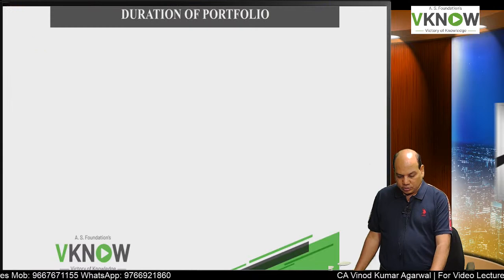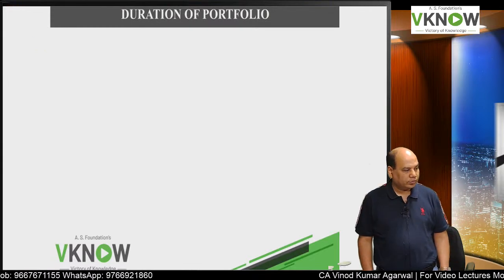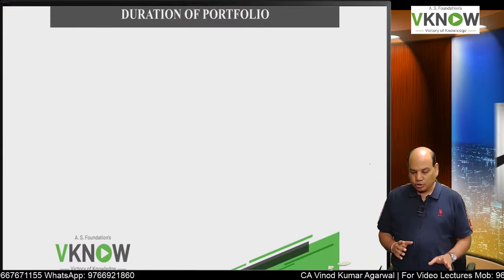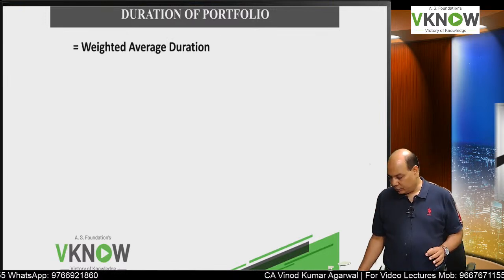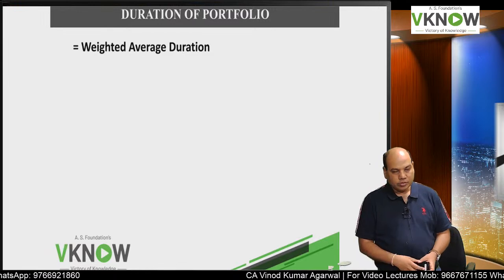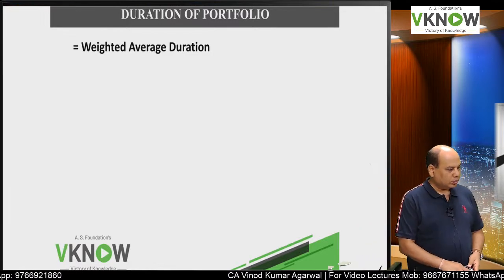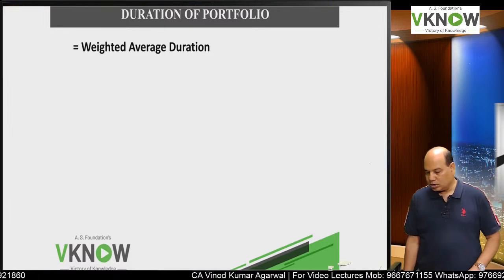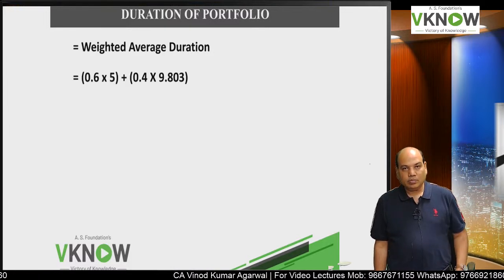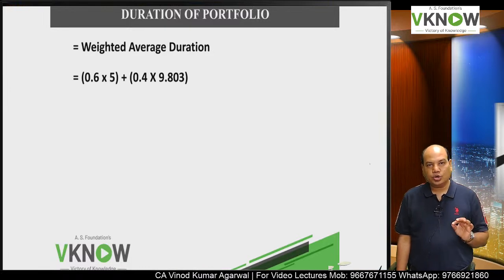Now you can find out the duration of the portfolio. So step 4, write down duration of portfolio, which is equal to weighted average duration. And then how do we solve it? By multiplying weight into duration.